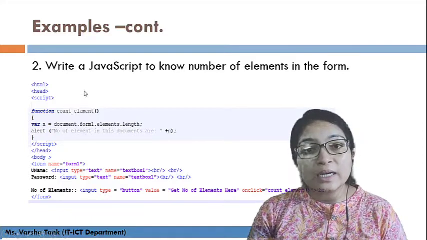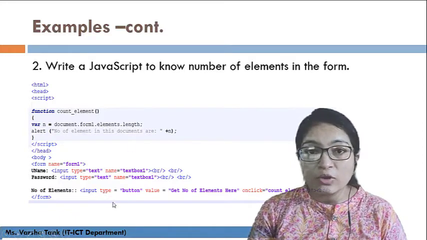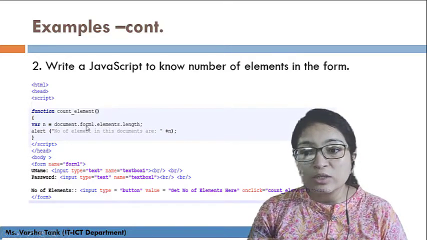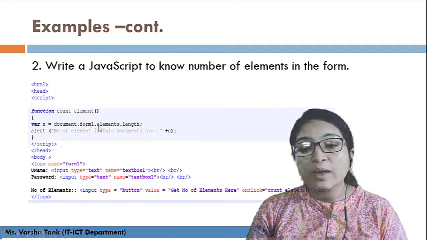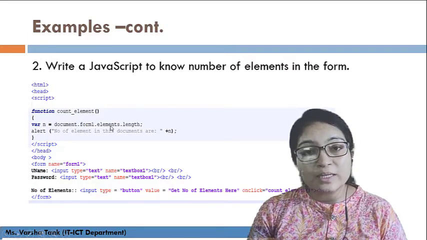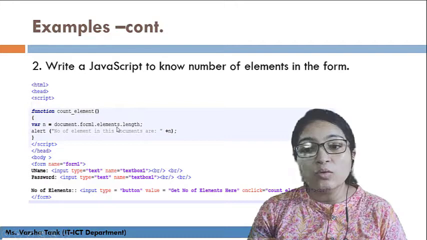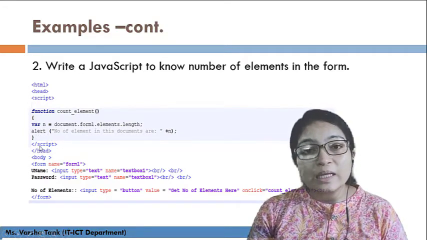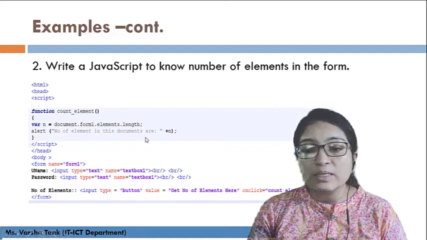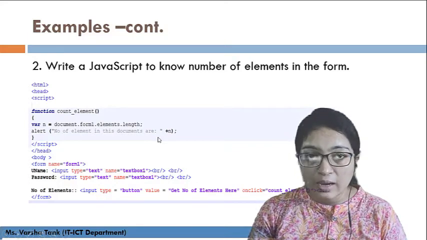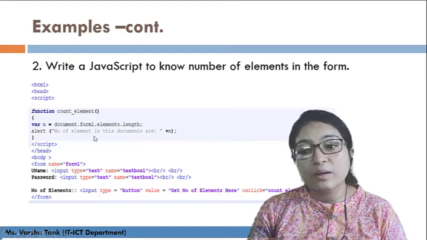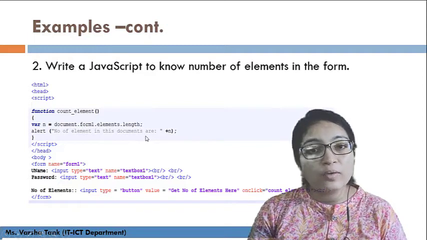Document means it will consider the entire document in which you have the form. The name of the form is form1, so that's why we have defined form1. And then elements, so whatever elements are there in the form will be counted by elements.length. We are displaying it in the alert box, so the number of elements in this document is plus n. Whatever the counted variable is will be assigned to this and it will display that the number of elements is 4, 3, 5, etc.